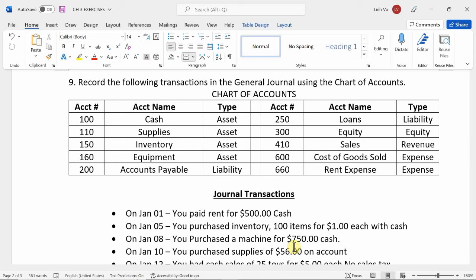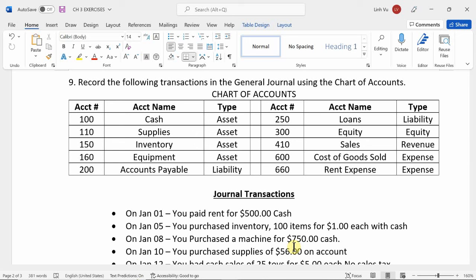But in this case, you identified this machine as equipment. So do I have equipment? Yes. And what type of account is equipment? Asset. Okay. So now, using your accounting model, let's determine this.